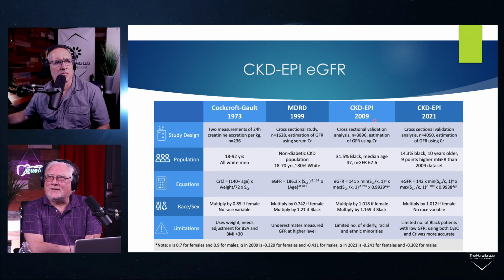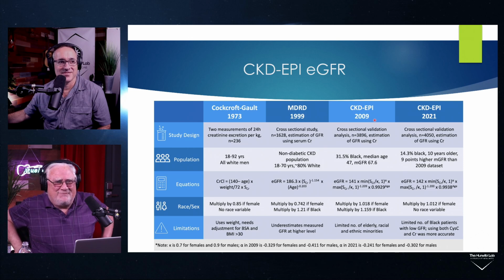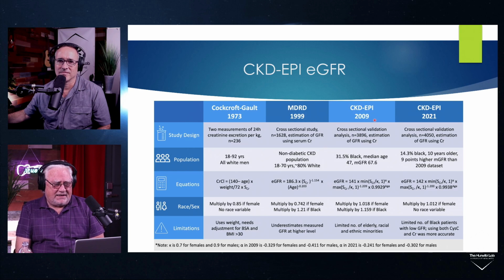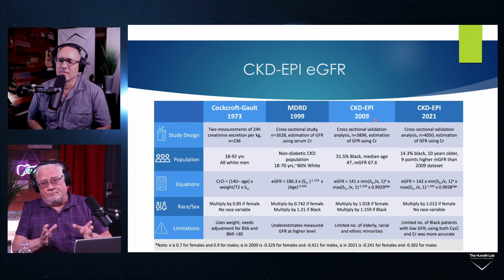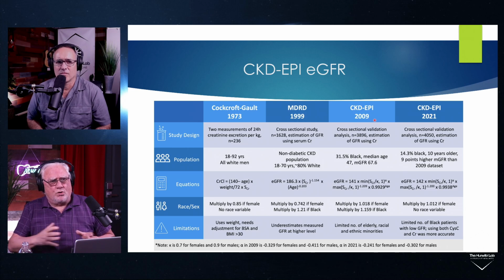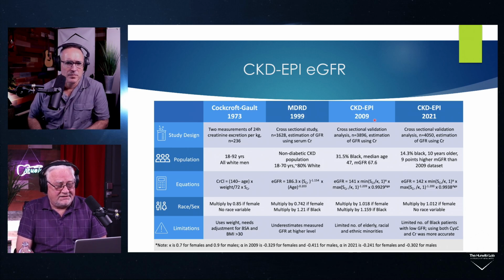There are so many collaborations and consortiums, and I can't remember what kind of group the CKD-EPI group is. I think it's a collaborative. But they decided to get a group of people from studies where the GFR was measured, but the GFR was relatively normal throughout the entire population of patients in those studies.